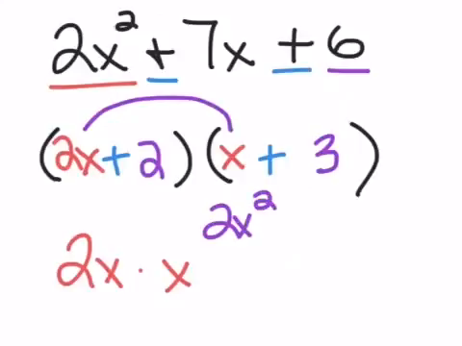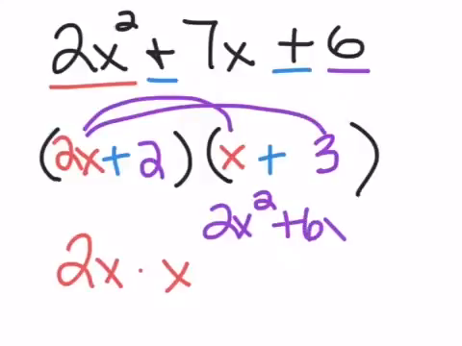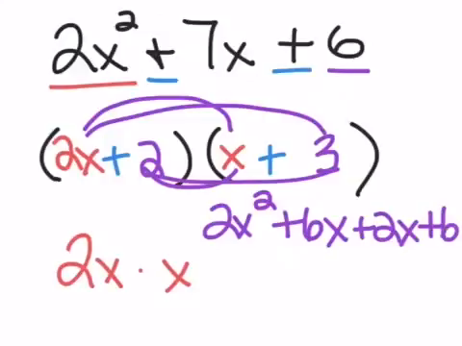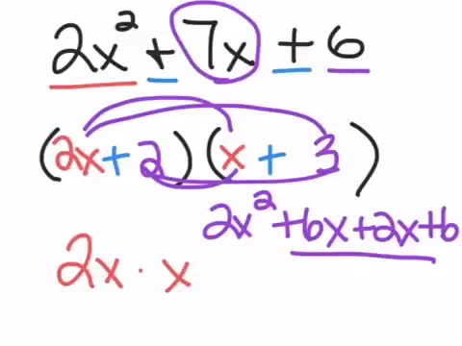And then I would get 2x times 3, which would give me 6x, 2 times x, which gives me 2x, and 2 times 3, which gives me 6. So when I add 6x plus 2x, I don't get what was in the original expression of 7x. So that means I shouldn't be multiplying this 2x times the 3. I should have the 2 and the 3 in the opposite places.